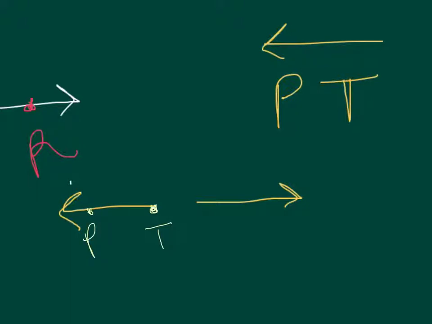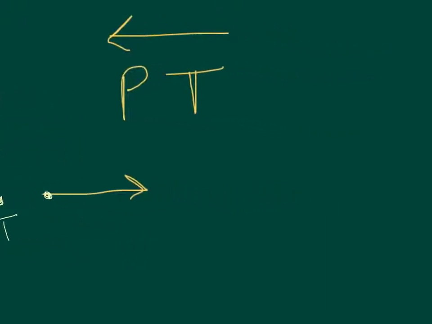Now, if I wanted to do it on this arrow, which you can do, even though it faces the opposite direction, that's fine. You just have to make sure that you line up the P with the arrow and the T with the end of the ray, the vertex of the ray. So again, if this is the point, then I would ask you, is this point P or T?